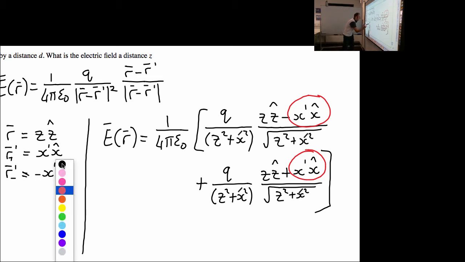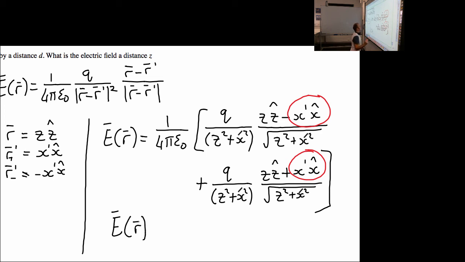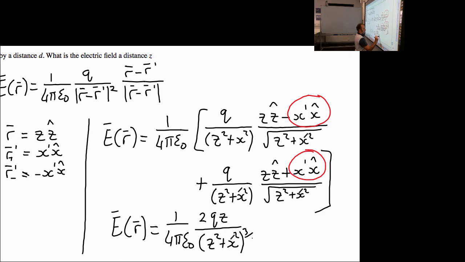And what we're going to be left with is our electric field equal to 1 over 4 pi epsilon naught, times 2qz divided by z squared plus x squared to the power of 3 over 2, and it's in the z hat direction.